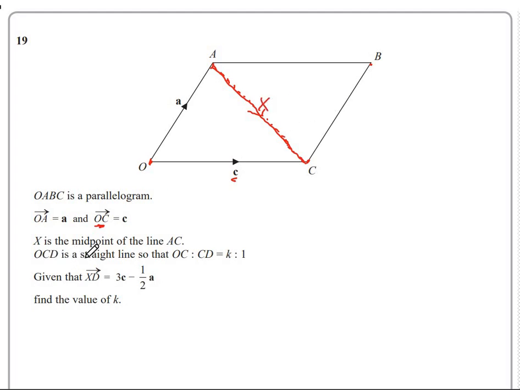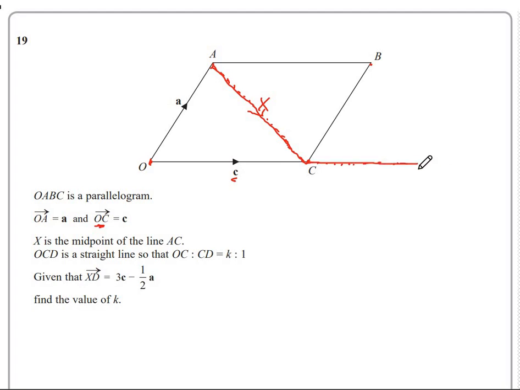And we have OCD is a straight line, so that OC colon CD equals K colon 1. So again, where's OCD? We have OC, but we don't have D. If we're saying that OCD is a straight line, then it must continue on from there. It's not really straight, but you get the picture.